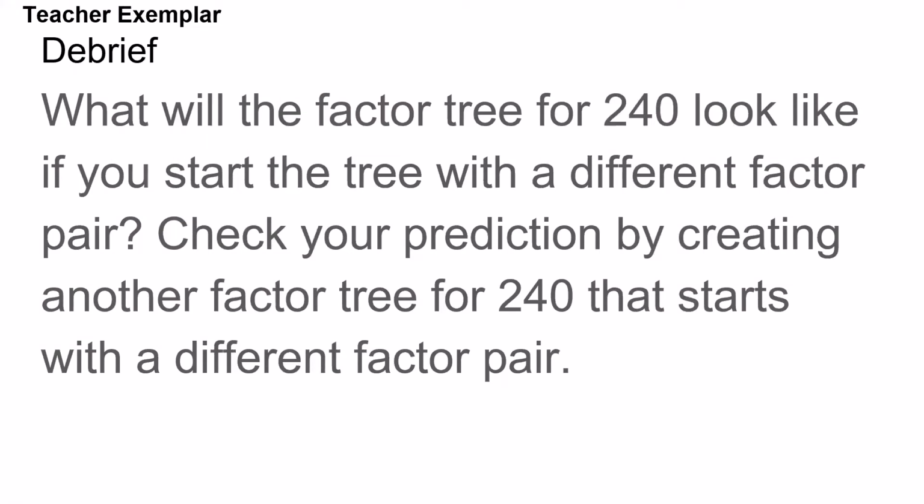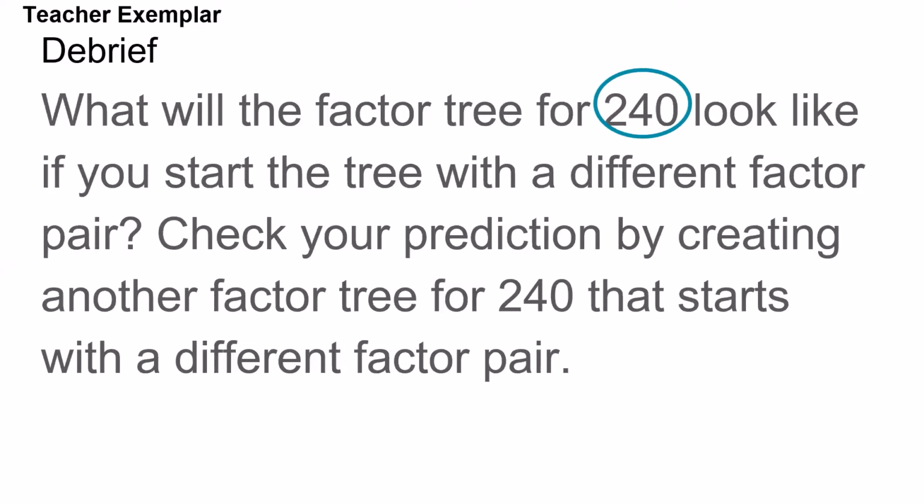So, what will the factor tree for 240 look like if you start the tree with a different factor pair? Now, we're going to check our prediction by creating another factor tree for 240 that starts with a different factor pair. First, we'll circle the important numbers, which will be 240.